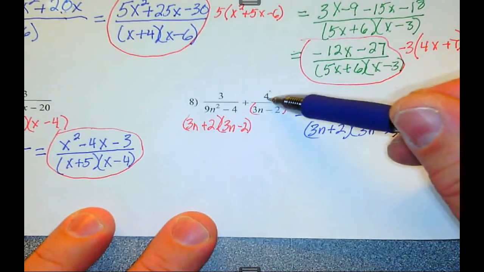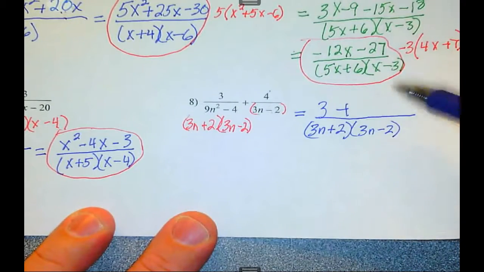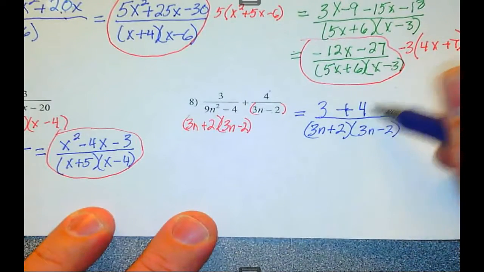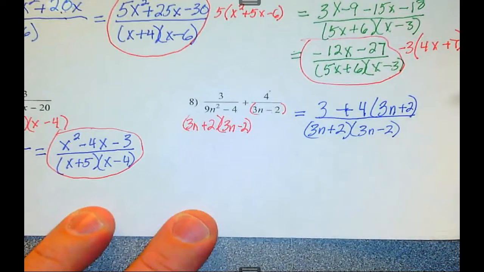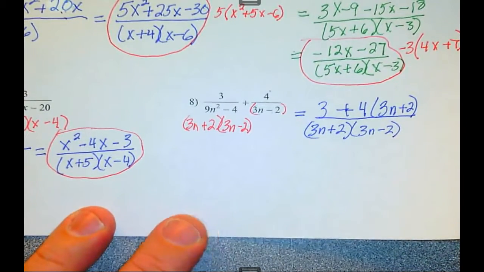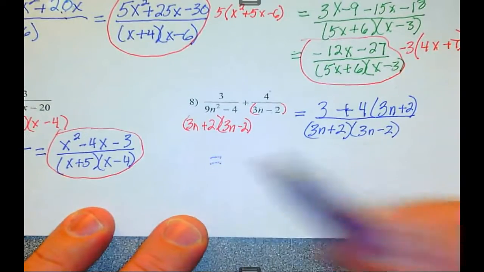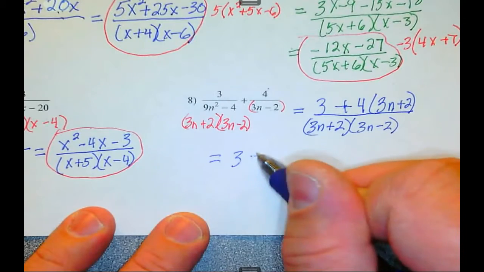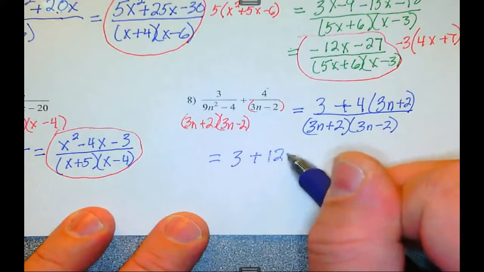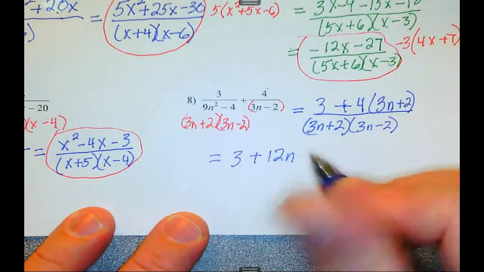Second fraction is missing the 3n plus 2, so I'm going to take 4, multiply it by 3n plus 2. Okay, let's do some distributing. 3 plus 4 times 3n is 12n. 4 times 2 is 8.